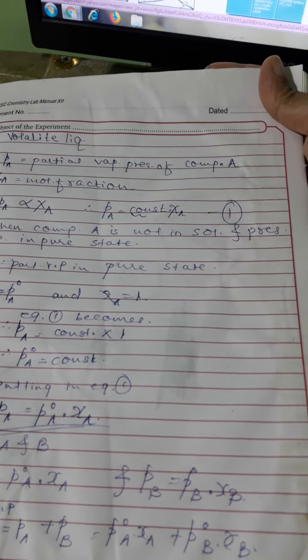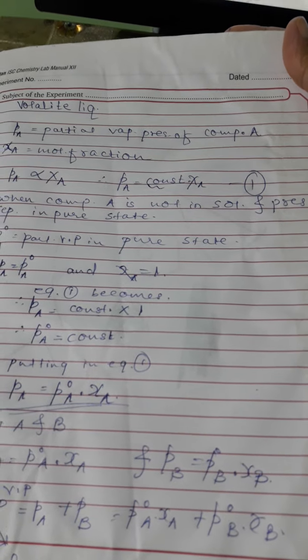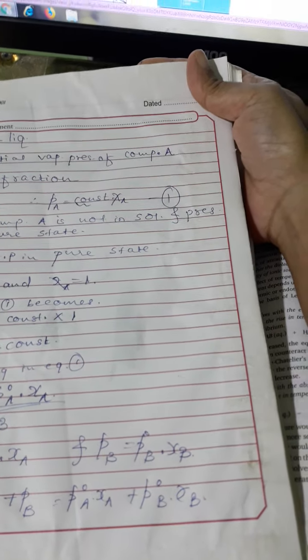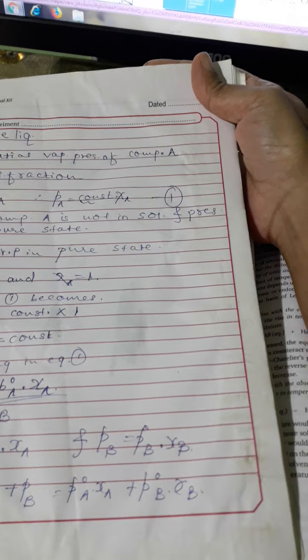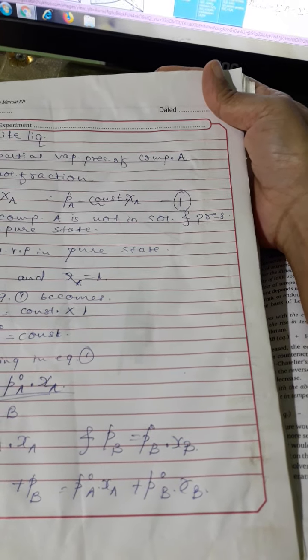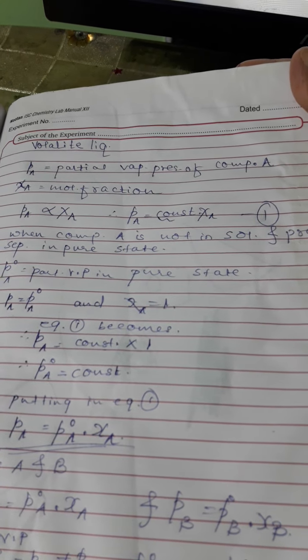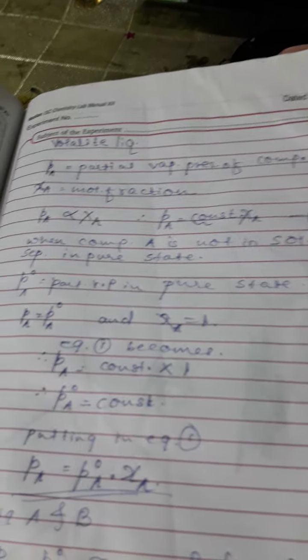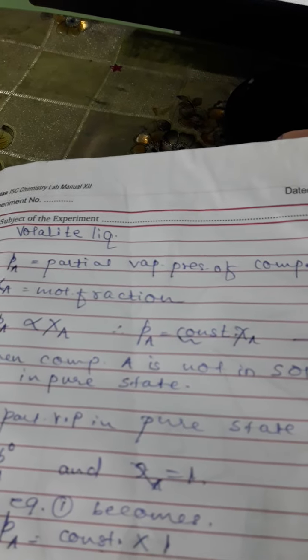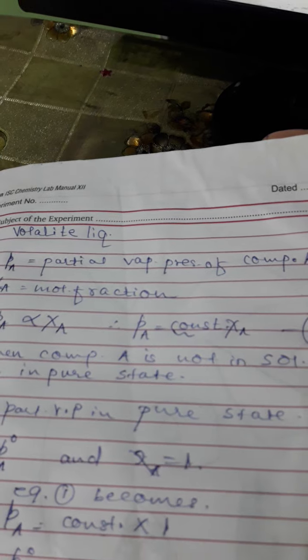Now I will explain what happens when volatile liquids are present. So I will be explaining Raoult's law for a solution that contains volatile liquids. Suppose one of the liquid components is A and another liquid component is B. Both of them have their own pressure.